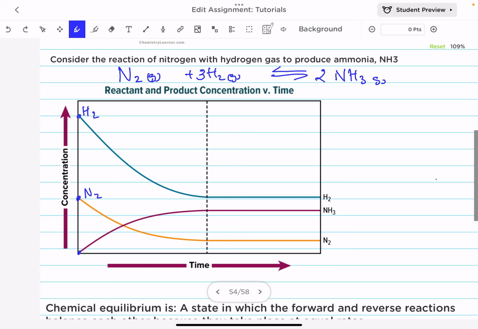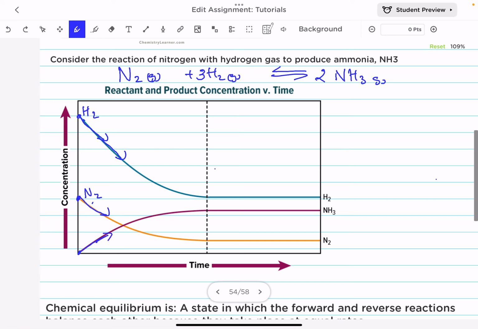Now, as time proceeds, the concentration of hydrogen and of nitrogen decreases with time. And at the same time, the concentration of NH3 starts to increase. Now, as products form, the reverse reaction rate starts to increase.